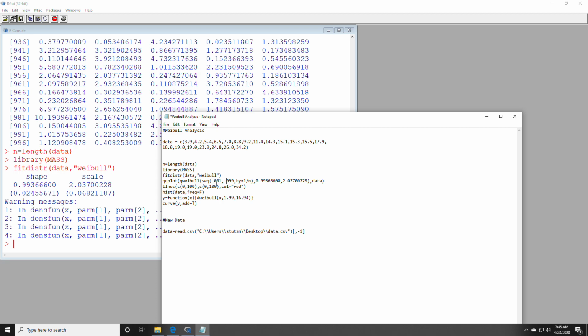So each step should be size 1/1000th, right? That's basically the gist of this. I need each step to be size 1/1000th, so the last step should be, of course, one less than that from 1. Yep. Okay, so let's look at this.